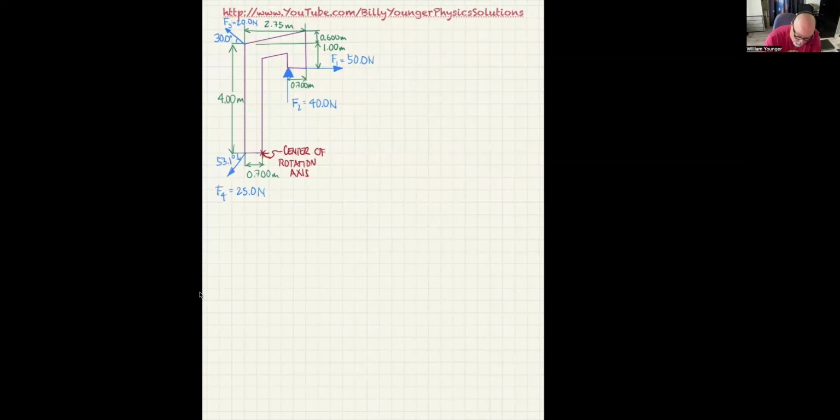So for F2, we can see that our lever arm is going to be from the axis of rotation to the point of application of the force, and we can see that that is in fact this lever arm right here. So there's our lever arm.